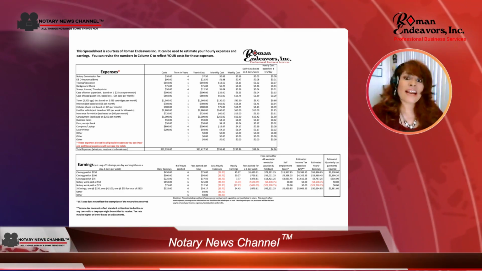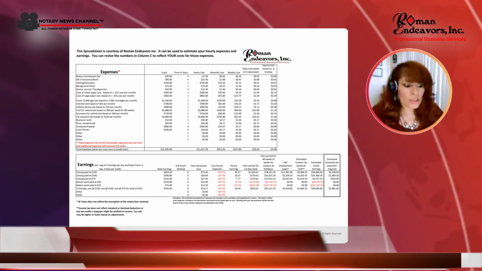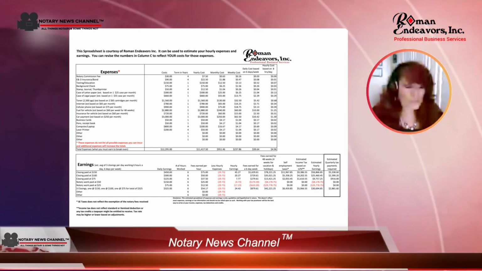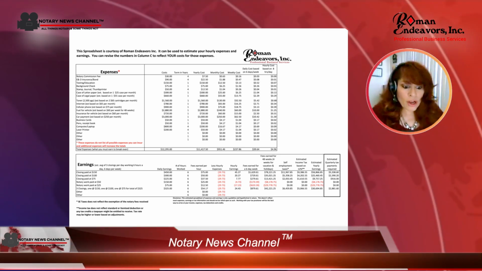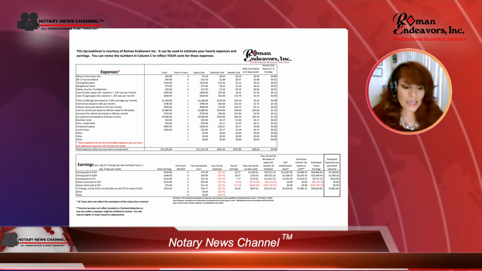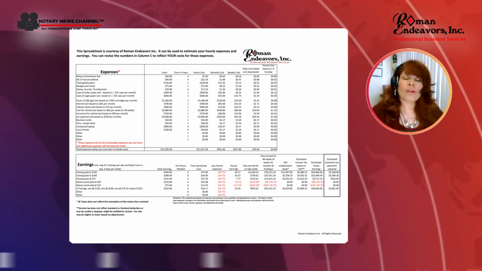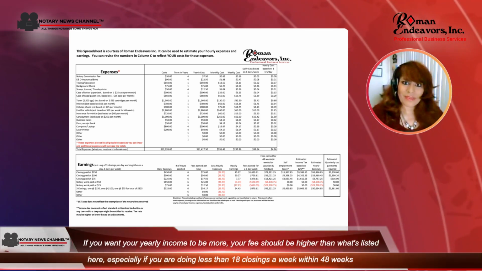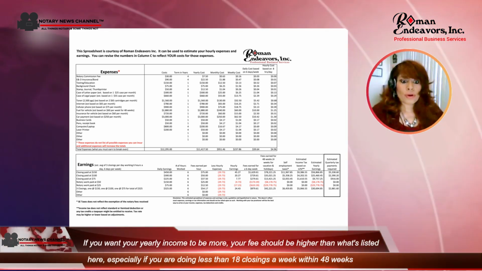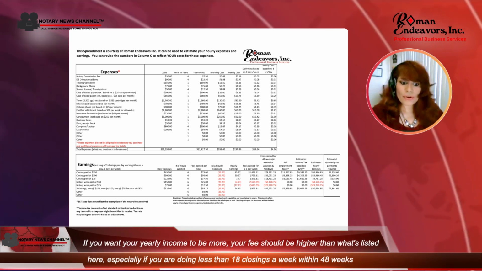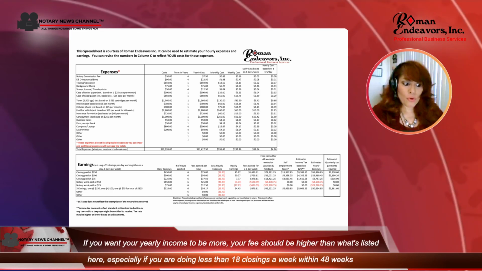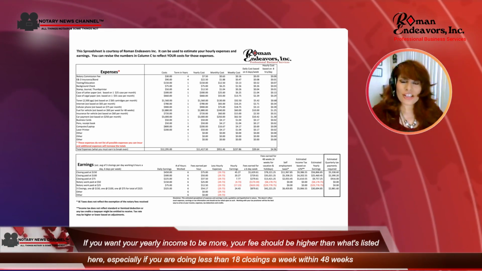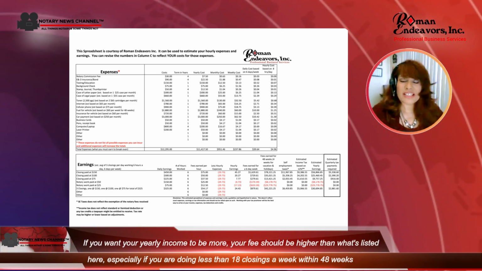So in this scenario, this is an average of 18 closings a week. So even if you're doing the 18 closings a week at an average of $75 a closing, your overall income at the end of the year ends up being just over $13,000. So if you want to earn more money than that, you are going to have to charge more than $75 for your business fees.